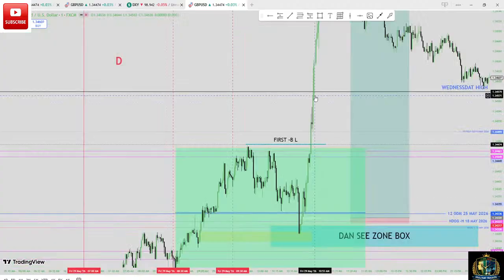I'm going to close it over here at Wednesday buy side liquidity and Wednesday high. Sorry, hope you understand what I mean. The first trade that I picked over here, I'm going to stop it at Wednesday high because I want to save my profits. Or let me use this as an example.